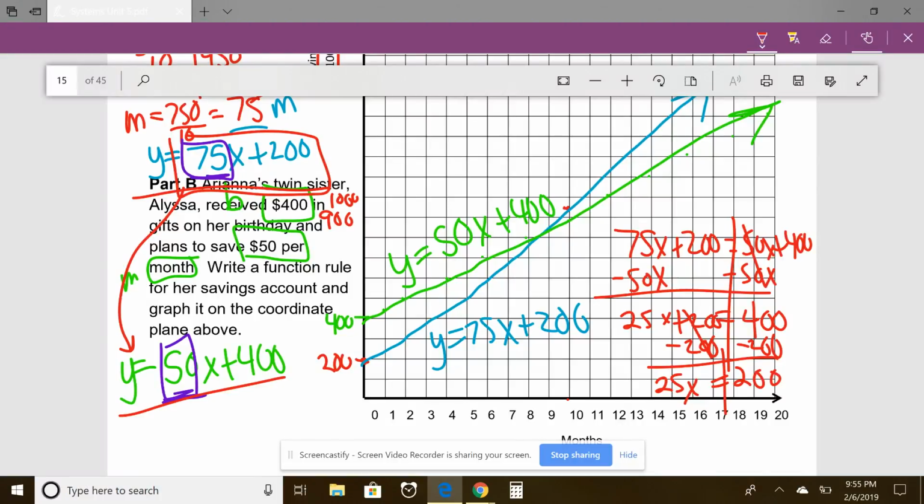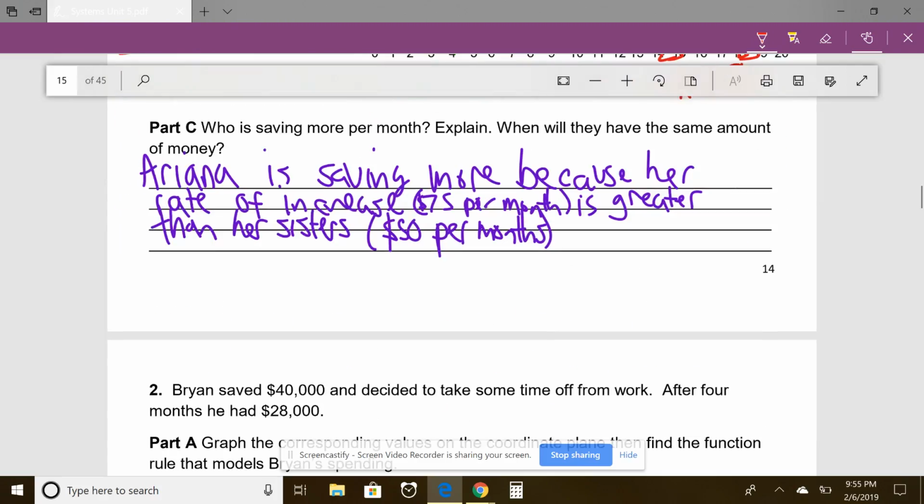Divide both sides by 25, and x is 8. And if you look on our graph, we almost had them intersect at 8. So that's where they are equal to each other. So after 8 months, they will have the same amount.